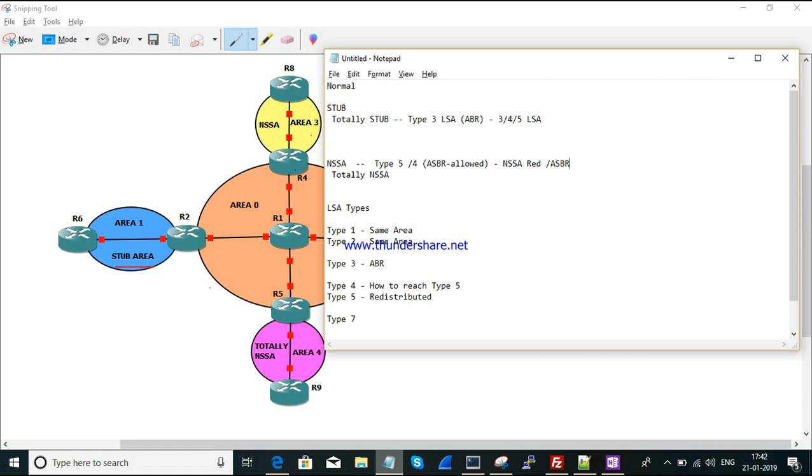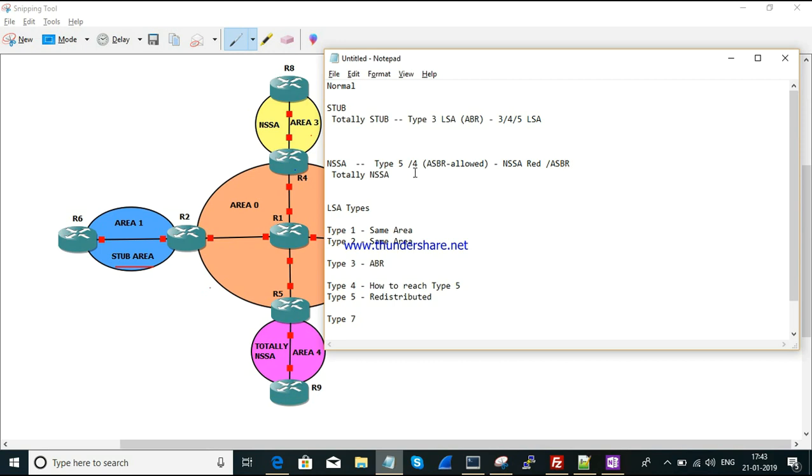Only type 5 is blocked. So NSSA blocks type 5 and type 4, and at the same time, since it creates a type 7 LSA, which helps redistribution, the ASBR is allowed.